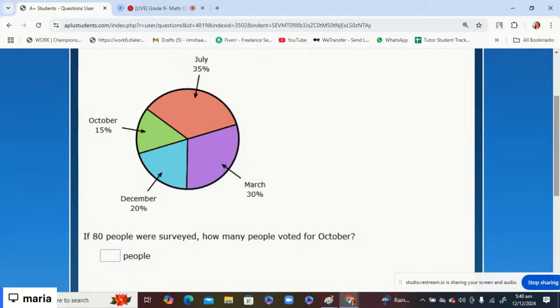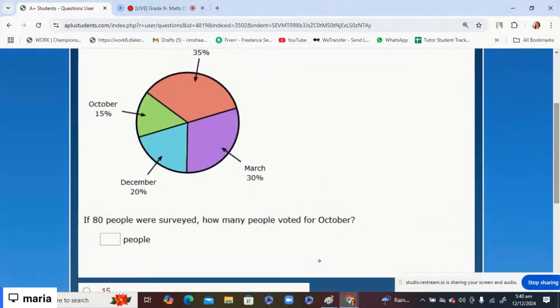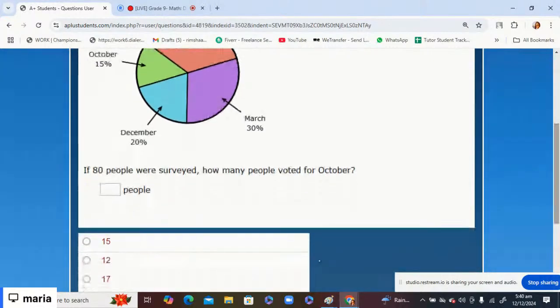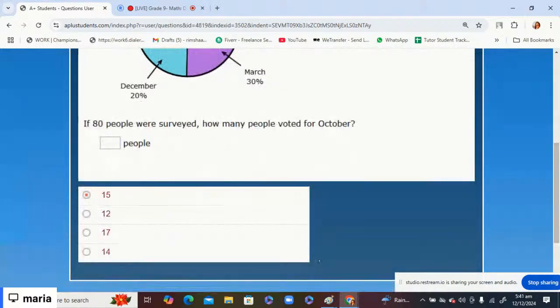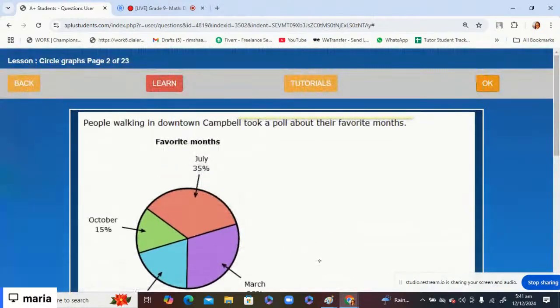If 80 people were surveyed, how many people voted for October? 80 people were surveyed. It's obviously 15%, because for October it's 15. So how many people voted for October? 15 people voted for October.